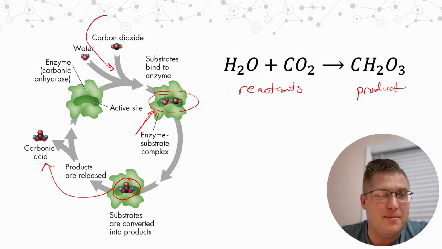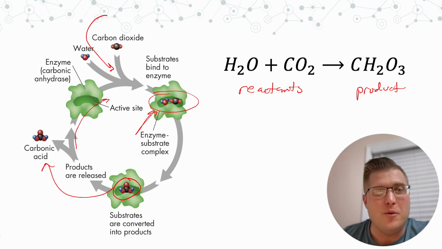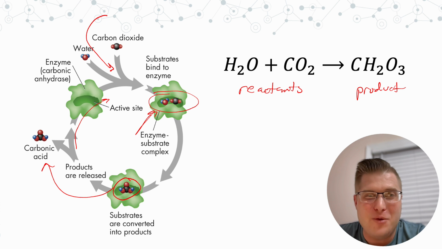This enzyme, carbonic anhydrase, can take water and carbon dioxide and make carbonic acid. And because this is a catalyst, once it's done its job, it can go grab another couple molecules and go through this again and again. Enzymes are catalysts that make little chemical reactions happen in living systems.